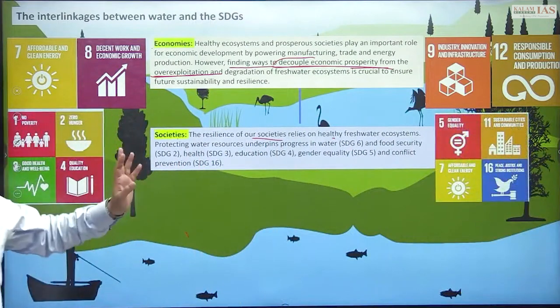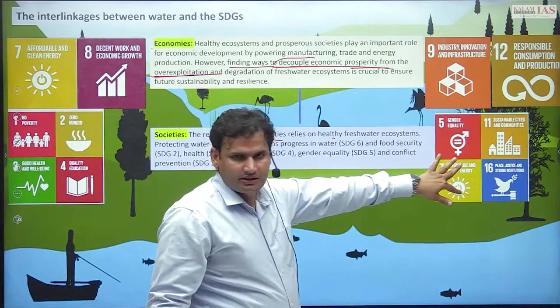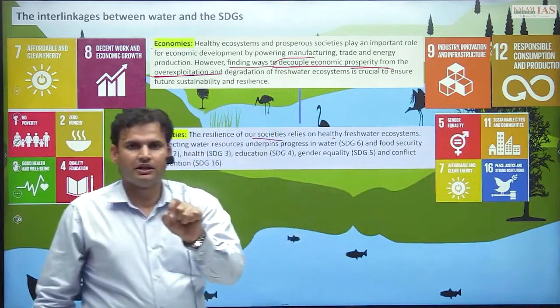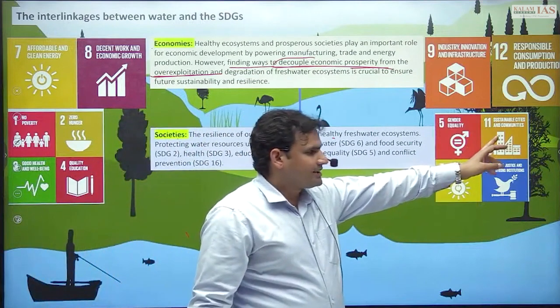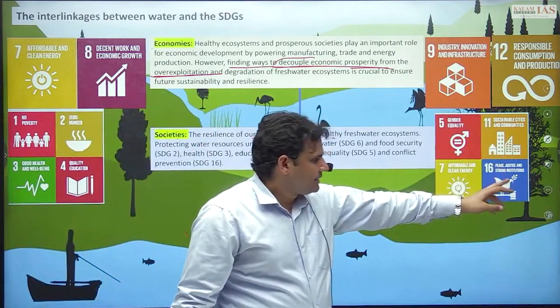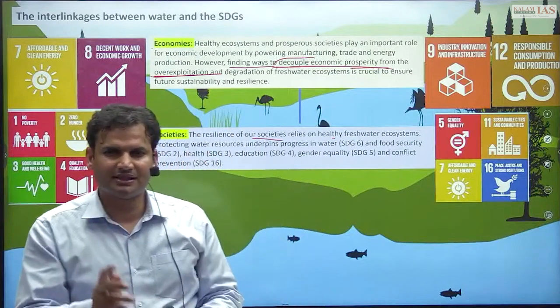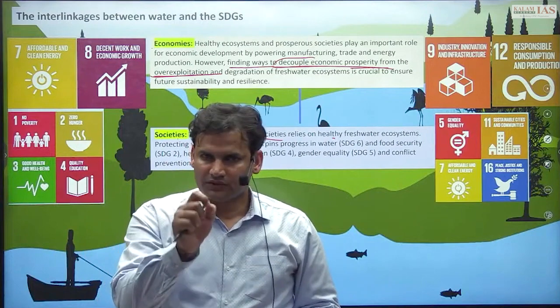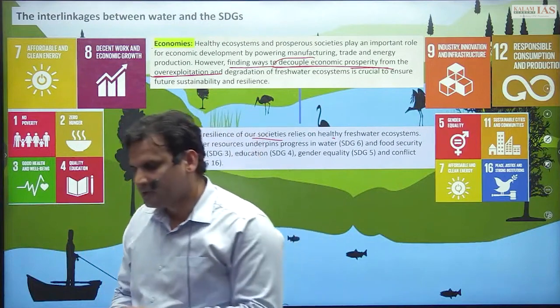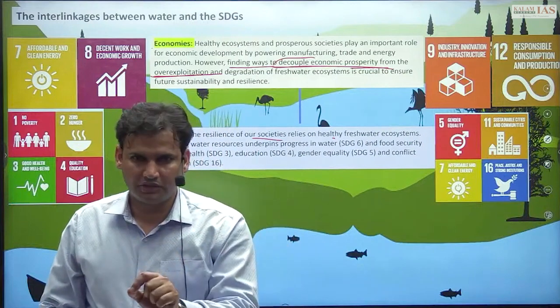Moreover, gender equality, affordable and clean energy, because water, again, is a source of clean energy. Sustainable cities and communities, peace, justice and strong institutions. Now you can think what is the relation of peace and justice with water. So to give you a perspective, water is extremely crucial.